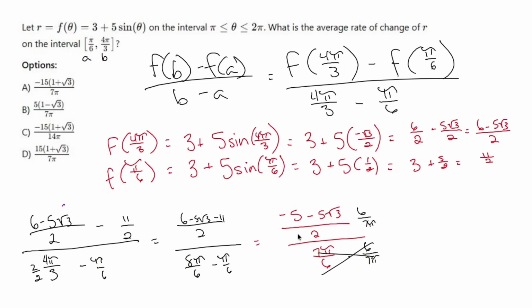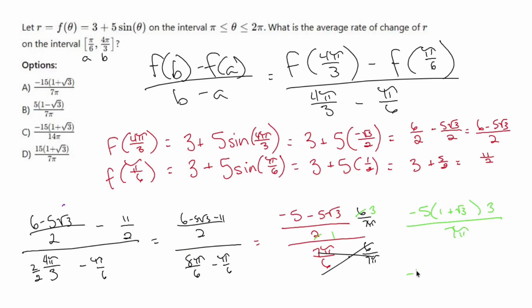I could factor out, well, I could do a couple things. First off, let's use a different color. The 2s become 3 and 1. Nothing happens with that 7 there. I could factor out a -5, leaving us with 1 plus root 3, all over 1 times 7 pi.